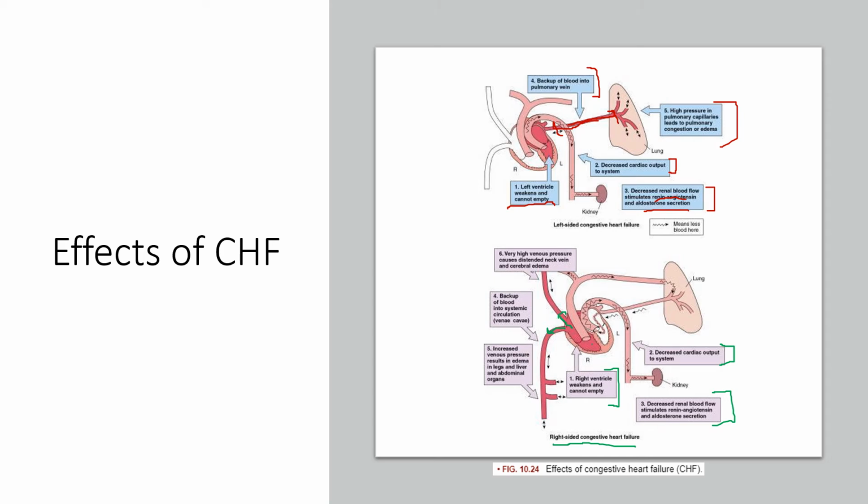And then this increased venous pressure results in blood having a higher pressure in the lower extremities. So that's why we get the edema in the legs, and we have the enlargement of the liver and the other abdominal organs. And then this very high venous pressure causes the distended neck vein and cerebral edema.